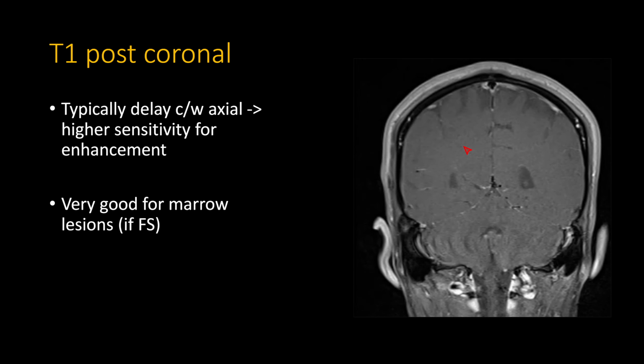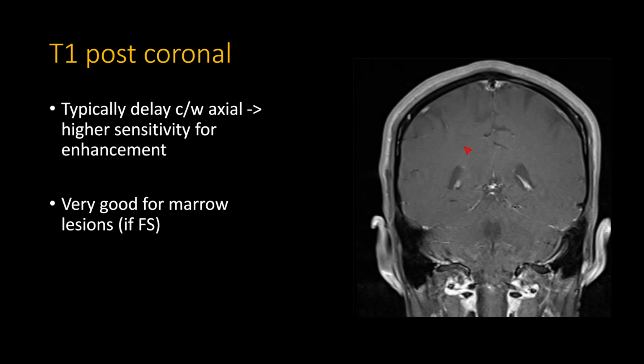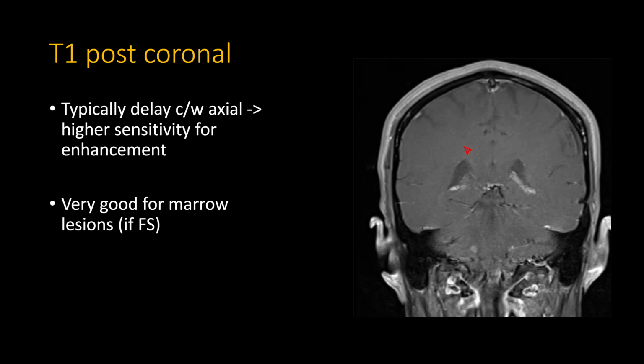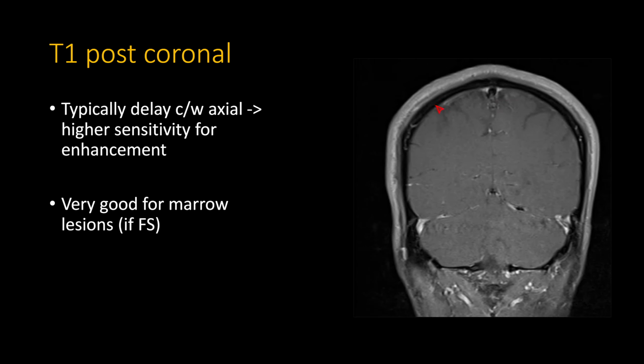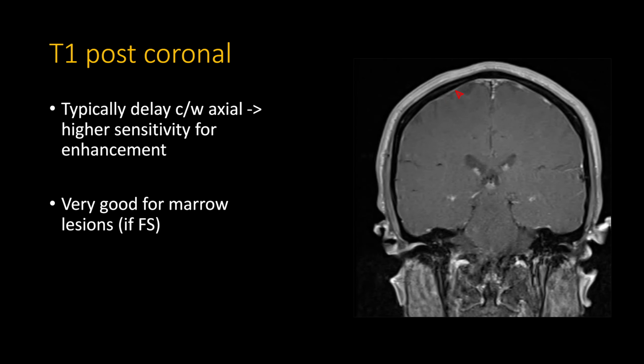Now, T1 post coronal is often done with fat saturation, unlike the T1 post axial, and it's really good for looking at the bone marrow. You can see here the bone marrow, which was bright on the prior slice, is nice and dark, and anything that's bad is going to look bright and enhancing on this coronal T1 post.